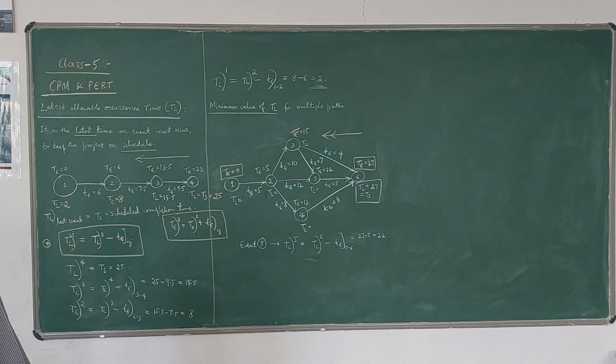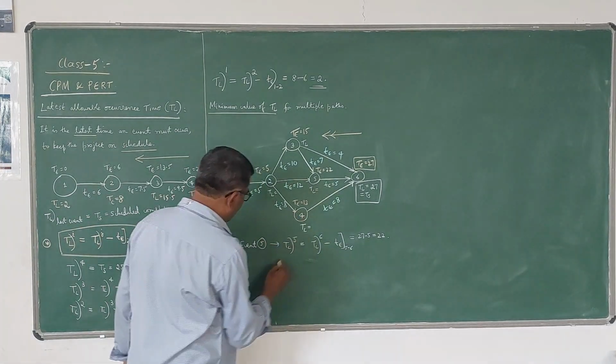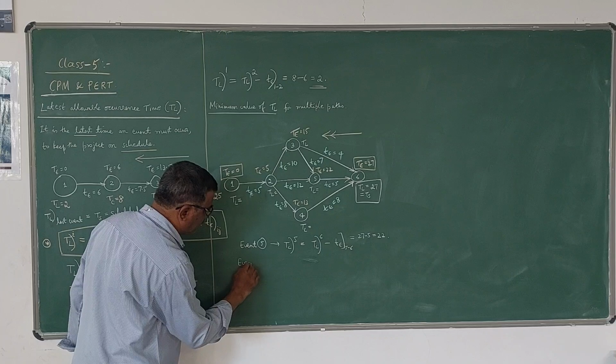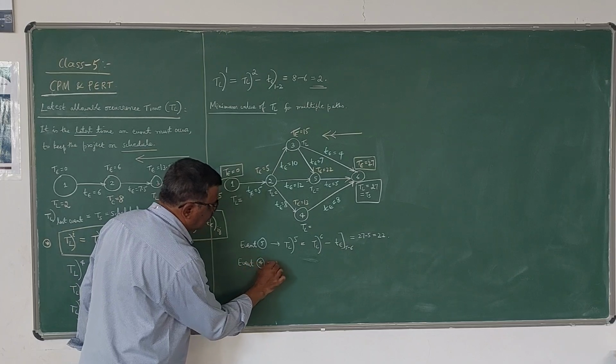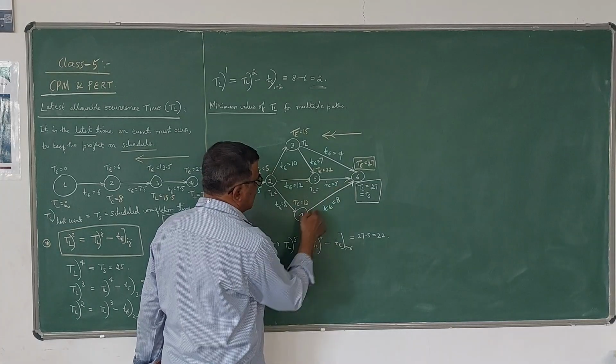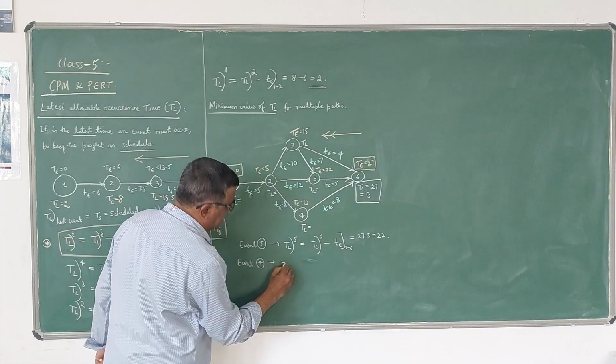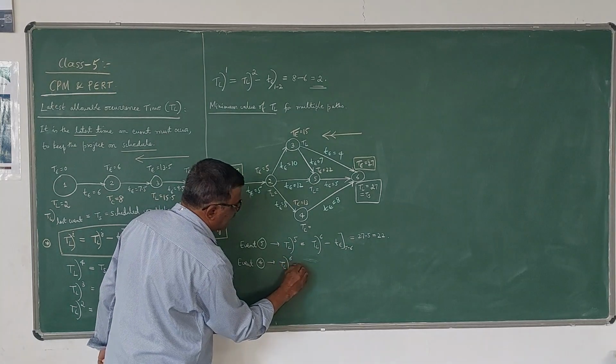Now for event 4, let us calculate. If you use the same formula, these two are the events and 4, 6 is the activity. So I have to move backwards like this.